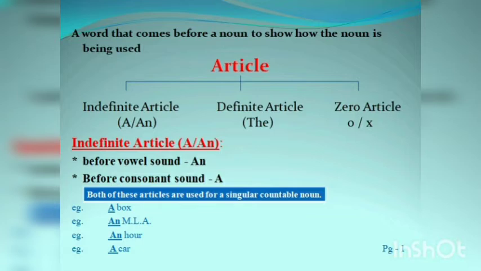Emily is a word which starts with a vowel sound, so an Emily. Next example, an hour. Its actual pronunciation is hour, and the word starts with a vowel sound, so an before it, an hour. Next, a car. The word car starts with a consonant sound, so we should use a before it, a car.